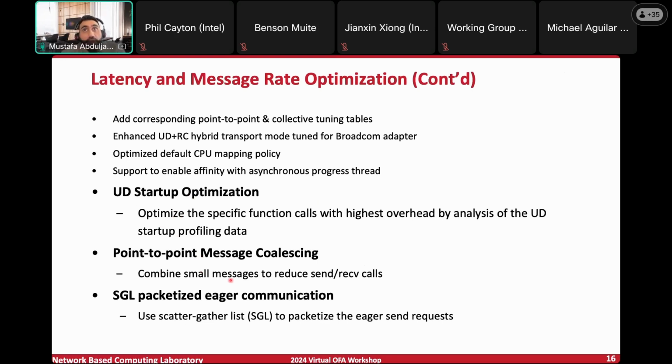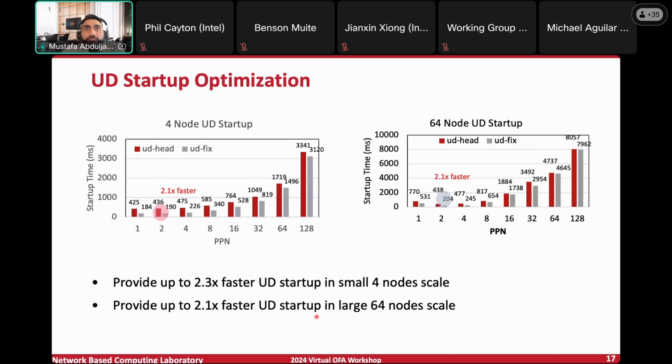So we've tuned the coalescing threshold, or the coalescing limit, for when coalescing can be enabled versus when it's disabled. And we also have a DMA-based approach, that is the scatter gather list packetized eager communication. So that has also been optimized to make the library automatically decide when that feature is to be used or when it shouldn't be used for reducing latency.